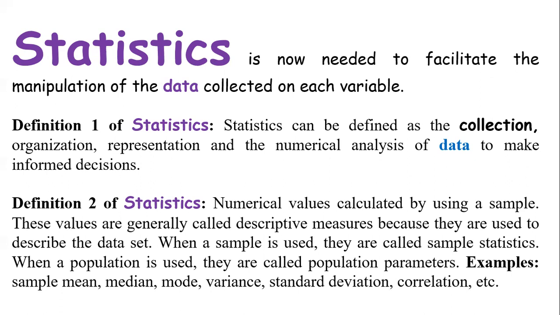These numbers that you calculate from the data, if it's from a sample, are also called sample statistics. So you have 2 definitions for statistics, as a process and as numerical values calculated from a sample. All in all, statistics fit into the research project after the questionnaire, starting with the collection of the data.